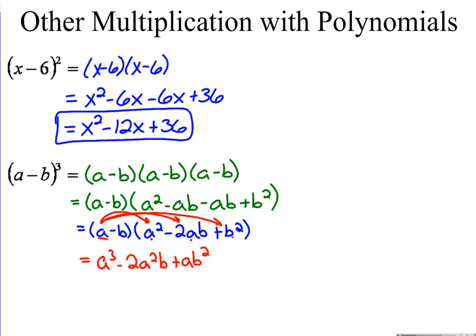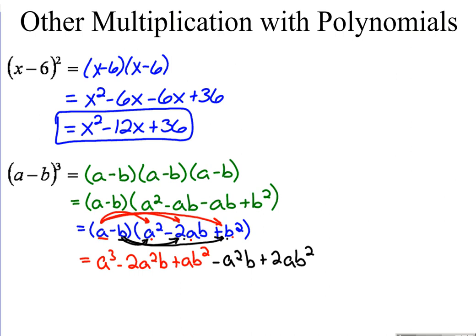Now I need to do the same thing with this negative B. I need to take that times each of the three terms in that parenthesis. So distribute it to each one of those. Negative B times A squared is negative A squared B. Negative B times negative 2AB gives us positive 2AB squared.